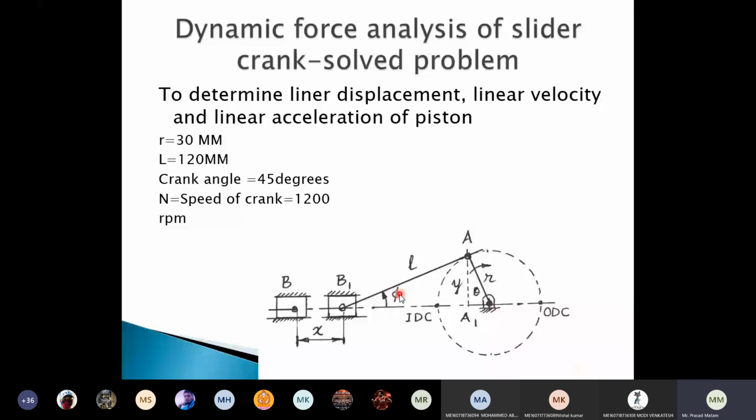So this is theta or phi: phi is the angle made by the connecting rod, and theta is the angle made by the crank rod. L is the length of the connecting rod. R is the crank radius. Now they are resolving the crank along the y-axis and x-axis.